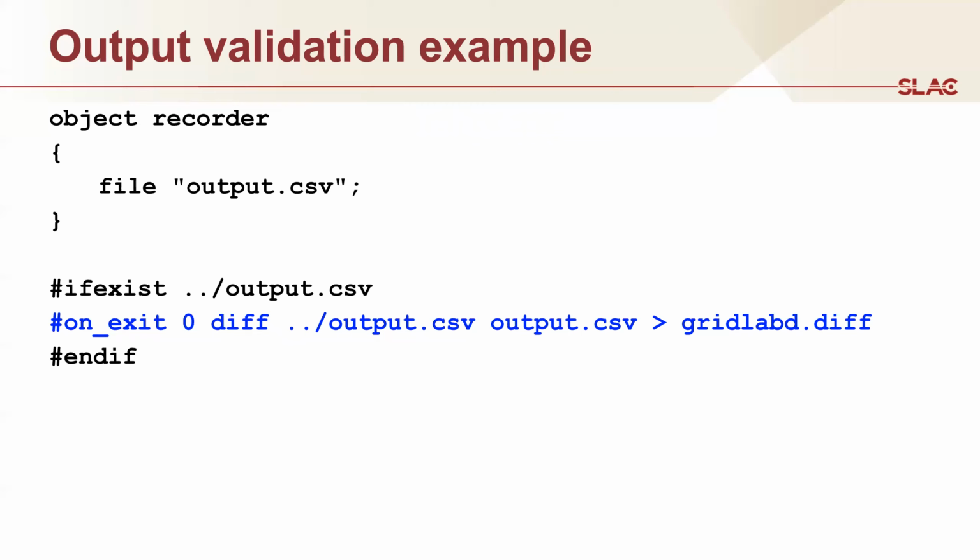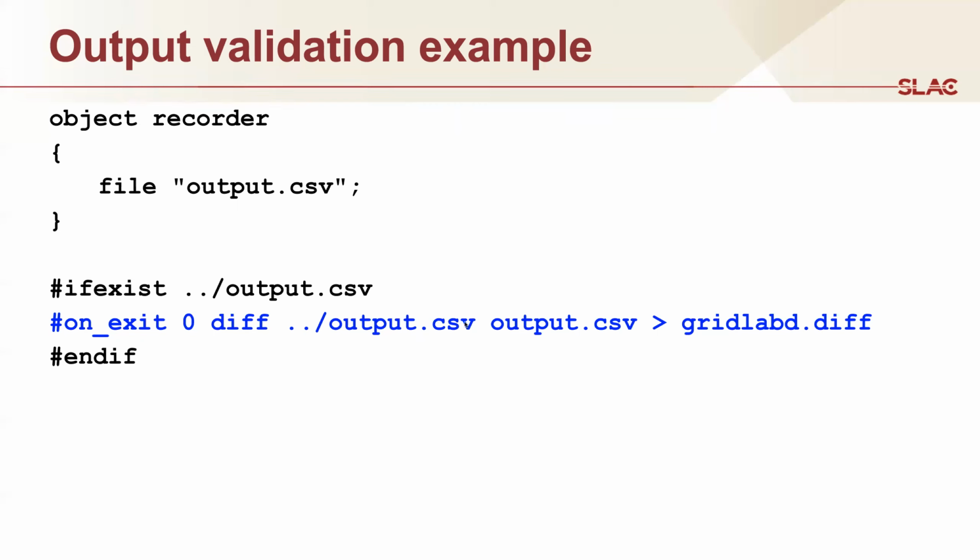I will get to, so another question is, when you compare CSV to a known good, do you mean from another simulation? It could be from another simulation. It could be from a validation that was run previously by the developer. So basically, to detect a change in the output since the last time it was run.